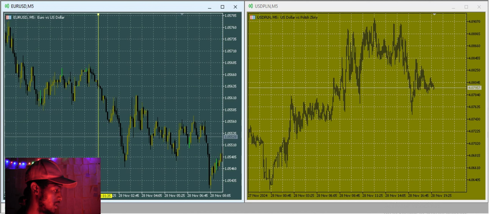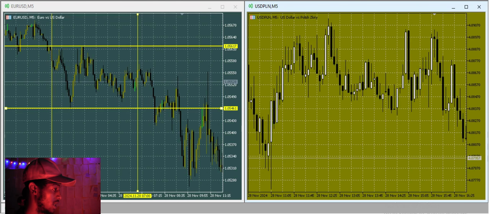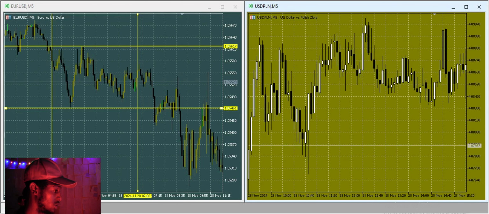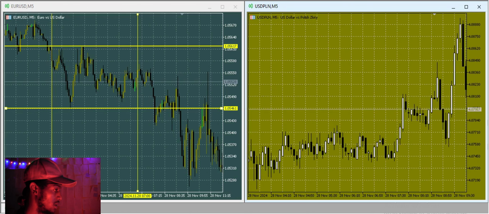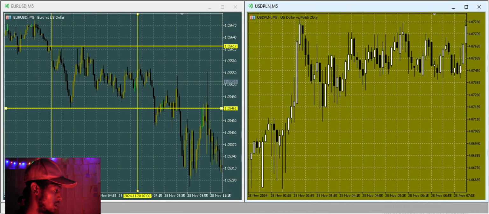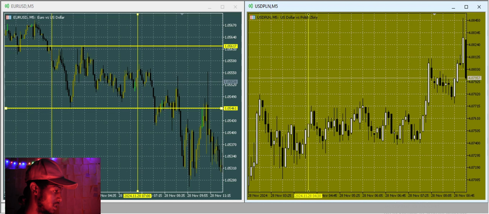The analysis I am doing is for today, the 28th of November. So you pretty much just run the analysis for both. You'd also have to find out the Asian range for the correlated or negatively correlated pair in this essence.